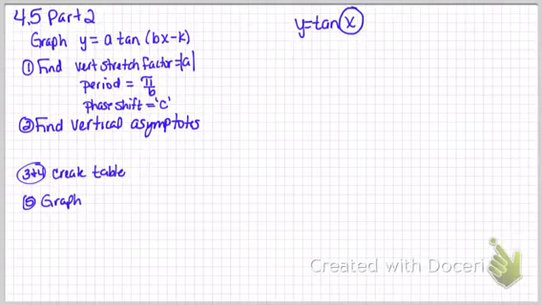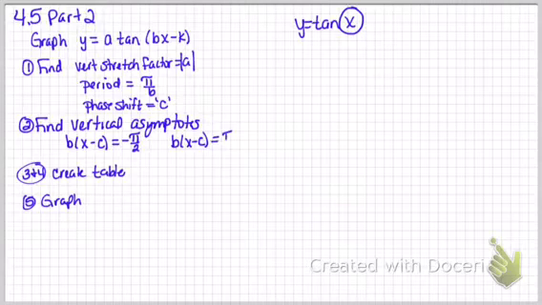So now we're going to take that part there, the bx minus c, and we're going to set them equal to those old vertical asymptotes. So we're going to take that b times x minus c and set it equal to negative pi over 2. And we're going to take that b times x minus c and set it equal to the positive pi over 2.